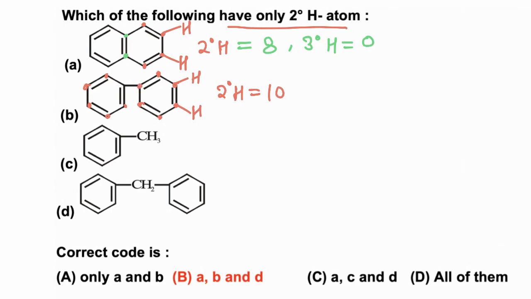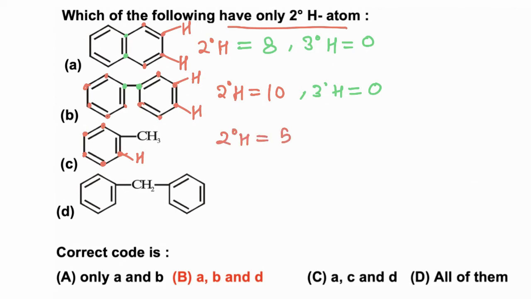Now the 3 degree carbon atoms, these two are 3 degree carbon atoms, but these carbon atoms are not attached to any hydrogen atom, so 3 degree hydrogen is equal to 0. If we take the next molecule, in this molecule these 5 carbon atoms are 2 degree carbon, each attached with 1 hydrogen, so 2 degree hydrogen is equal to 5.